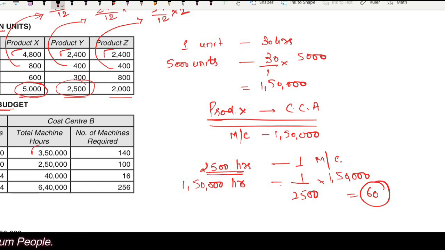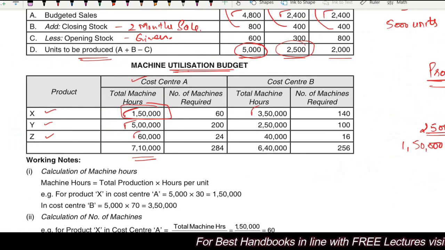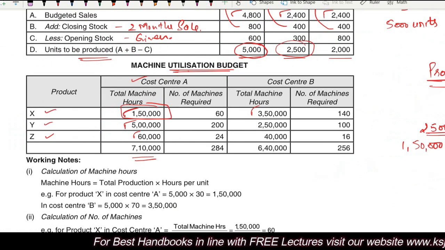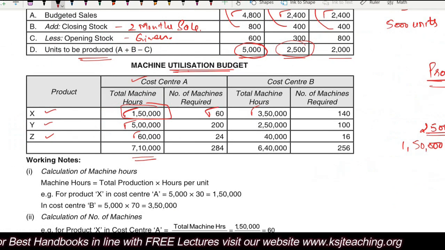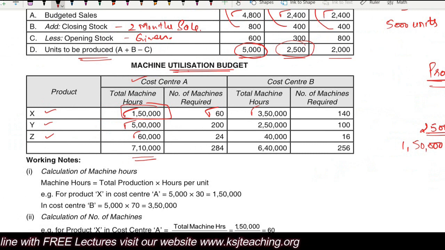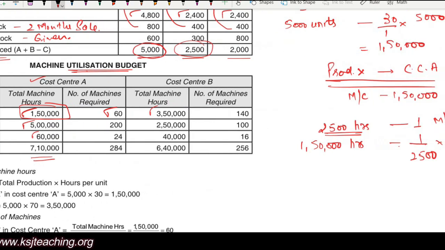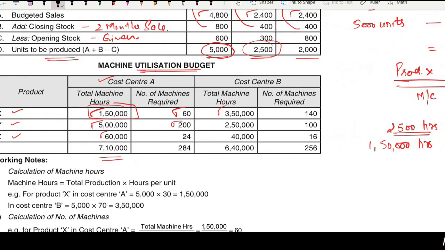So 60 machines will run for 1,50,000 hours. That is the total requirement for product X in cost center A. Clear? Similarly, for Y, 5 lakh divided by 2,500, 200 machines.